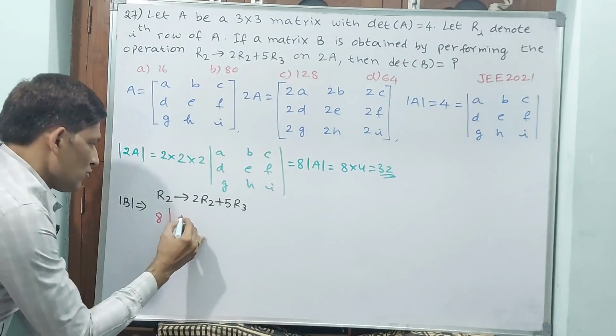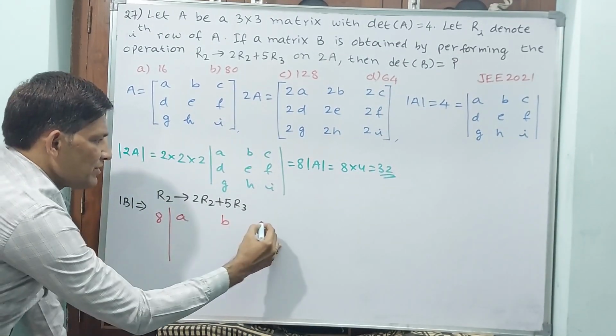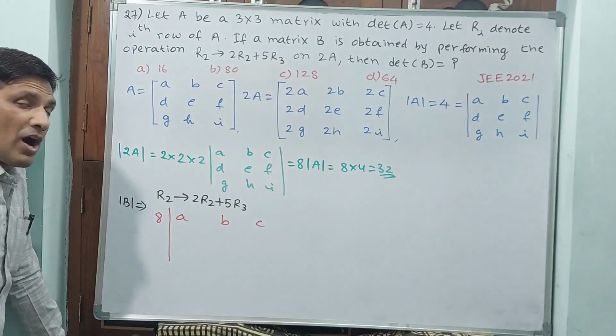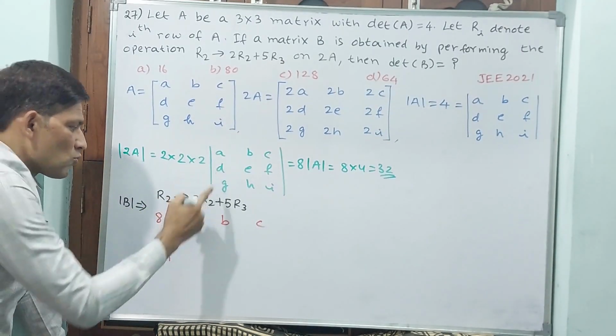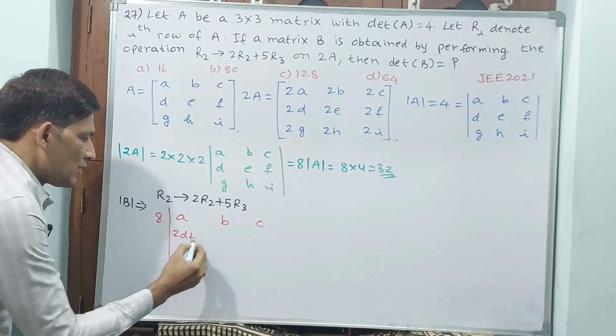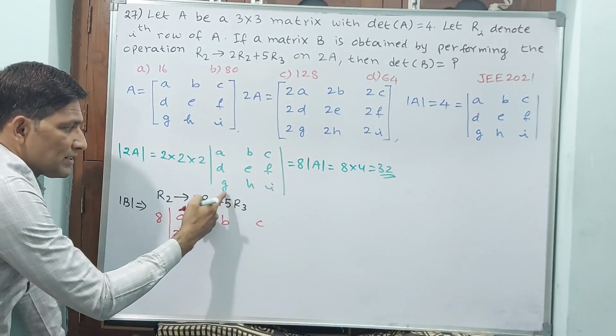R1, is there any change? No. Then you write R1 as A, B, C. R2 is changing. What is the change? 2 times R2, 2D, plus 5 times R3, 5G.